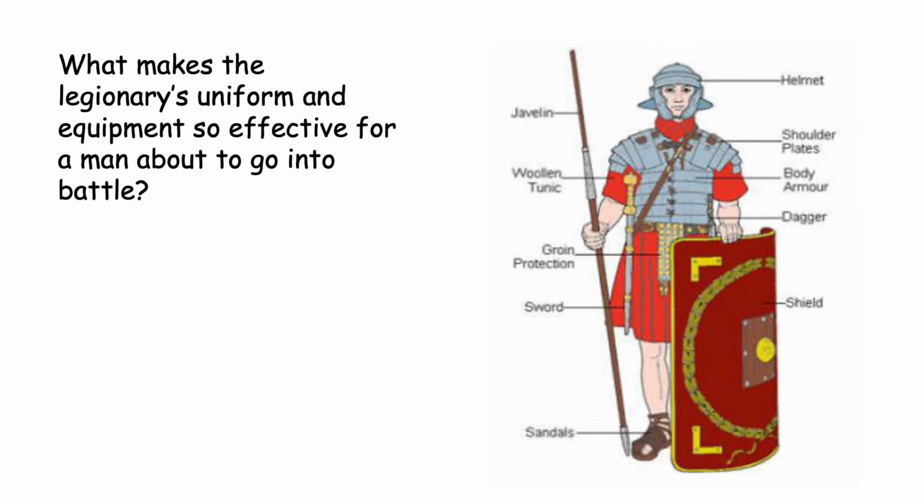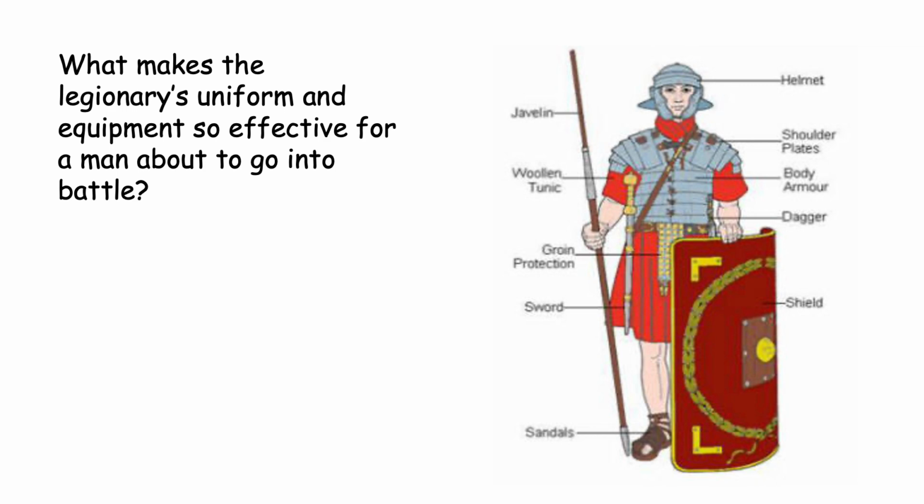On their torso, which is their shoulders and their chest and their stomach, they were covered with body armour, and that was made again from metal. Why? The same reason. They had a woolen tunic underneath. They had sandals. Look at the shield.